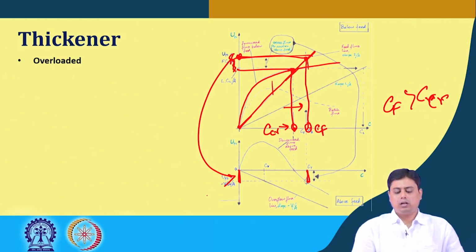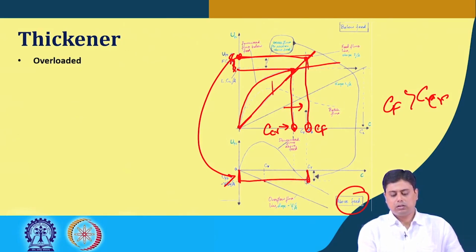If we plot for the above-feed scenario, it would again cross this L minus V by A line at a certain value and the total flask at a certain concentration.